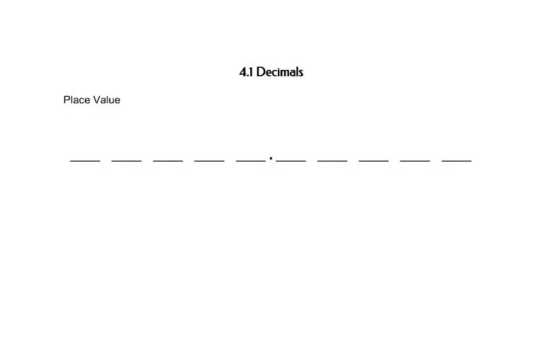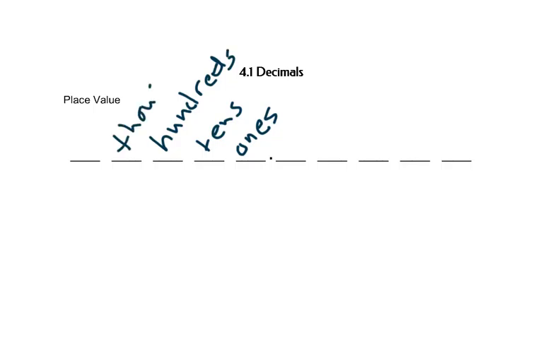We said this was ones, and then tens, and then hundreds, and then thousands, and then 10,000s, and then 100,000s, millions.